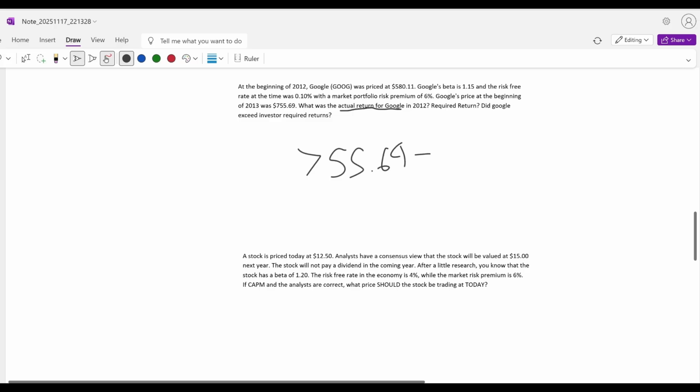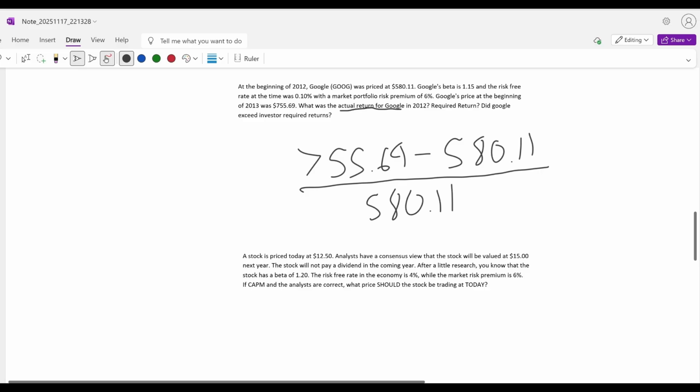755 minus that 580.11, and like I said, you'll use that twice, so you'll divide it to see your return. This takes 755 minus the 580, which is somewhere in the 170s, and then divides it, and that gets you your return, which is equal to 30.27%.